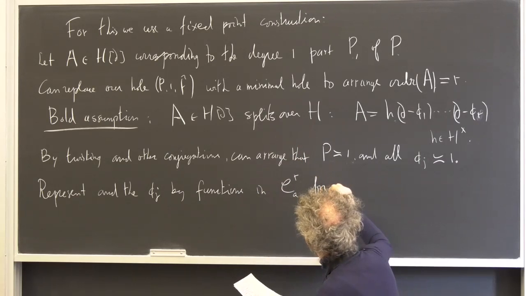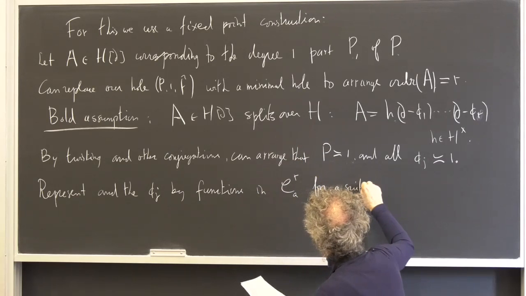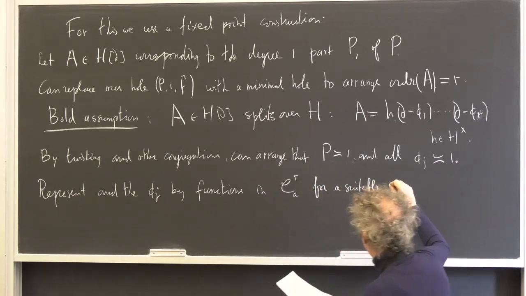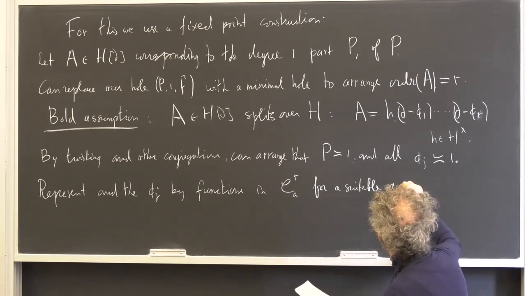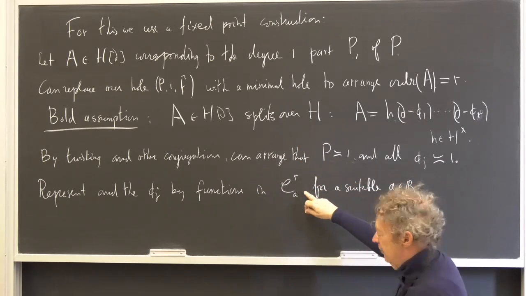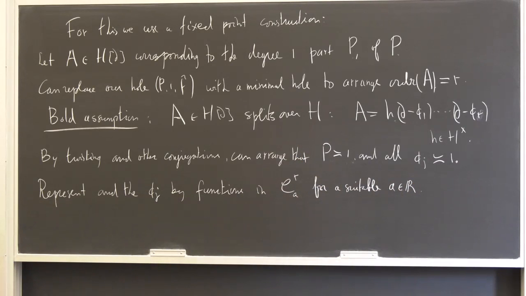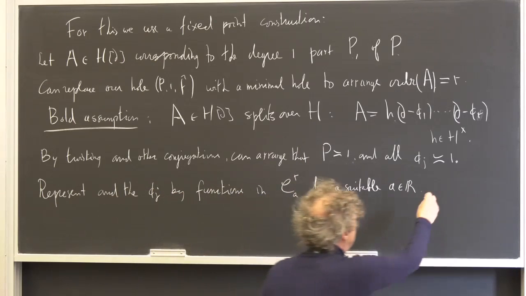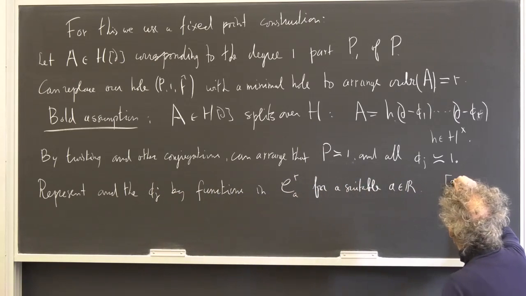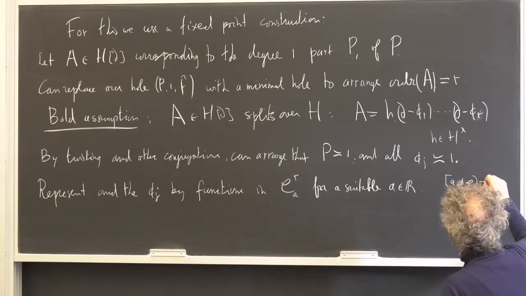For a suitable real number A. Remember, this is simply the vector space over R consisting of the R times continuously differentiable functions on the interval from A to plus infinity to R. Yeah?